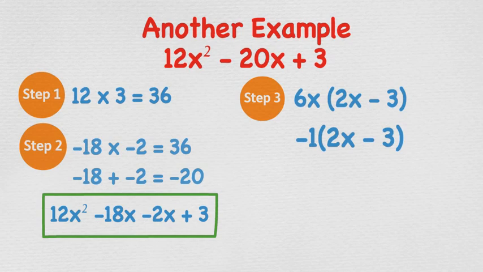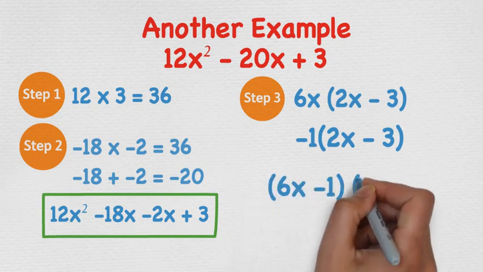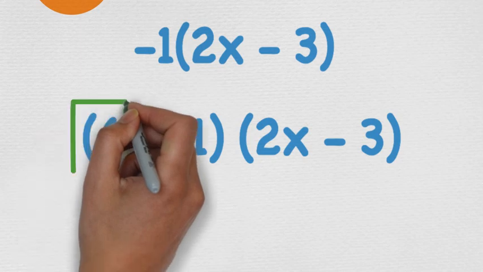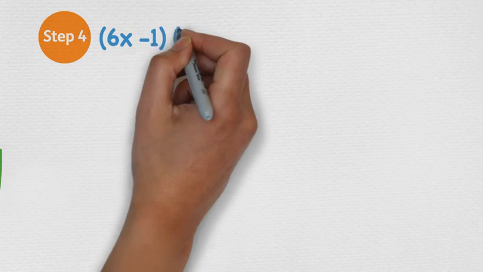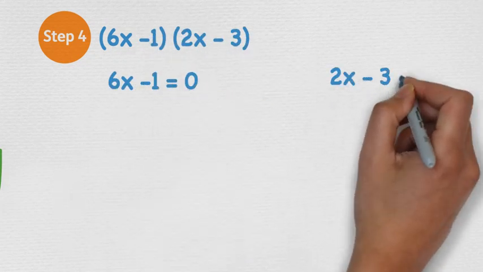The reason we take negative 1 and not positive 1 is that we want the values in the bracket to be equal in both parts of the equation, as you can see. This means when we rewrite the equation to solve for x, we have bracket 6x minus 1 bracket, bracket 2x minus 3 bracket. If you expanded these brackets, you would get the equation we originally started with.